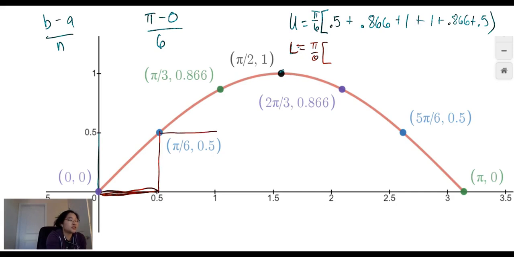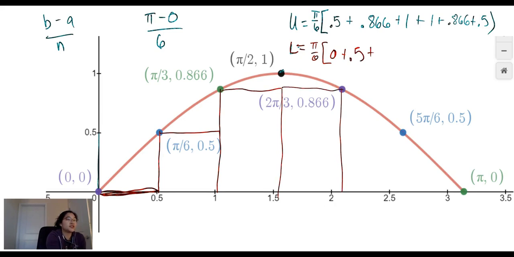From pi over 6 to pi over 3, we have a height of 0.5. So 0 plus 0.5 plus 0.866, and that's going to be twice, right? And the symmetry is happening because our function is symmetric with respect to the interval that we're looking at. So 0.866 plus 0.866 plus 0.5 plus 0.